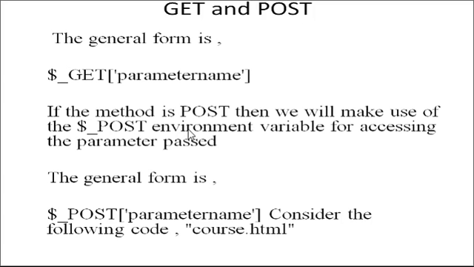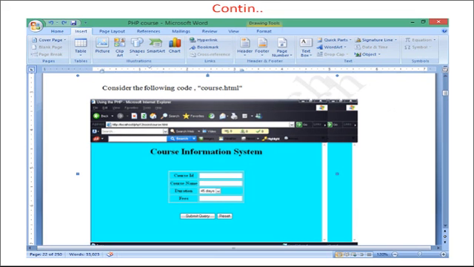This is the design of the form using the get and post methods. Here you have post ID, post name, duration, and the submit query and reset buttons. Using the get and post methods, your request and resources will be executed.